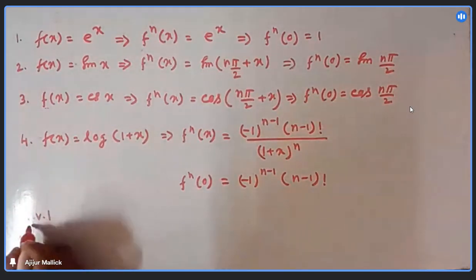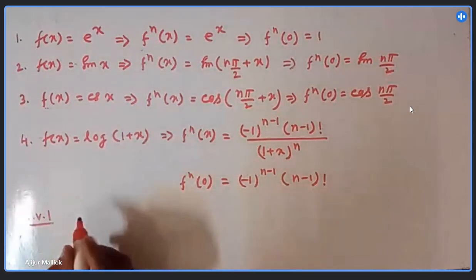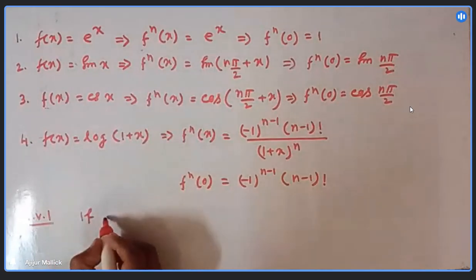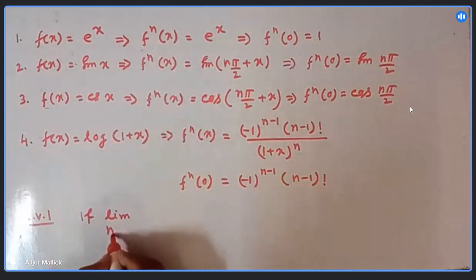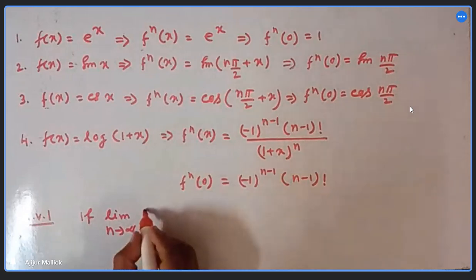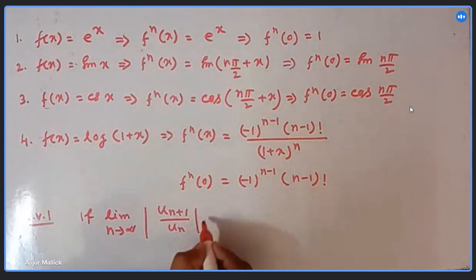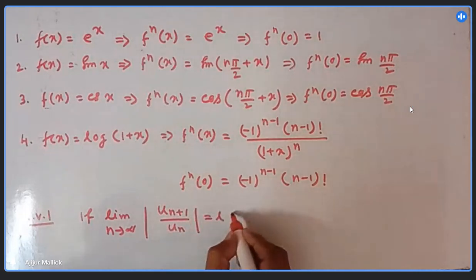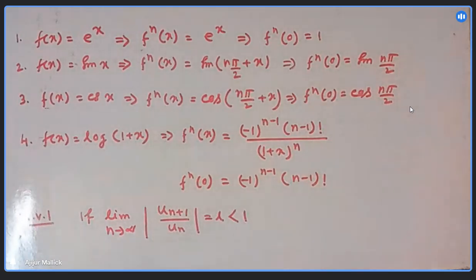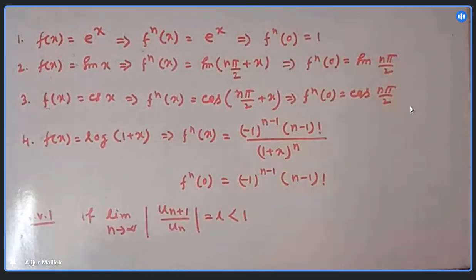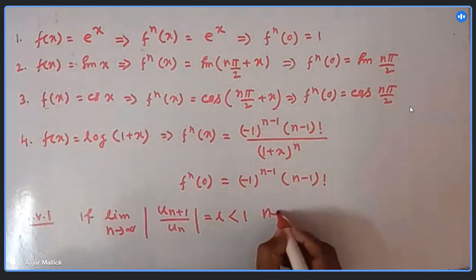Another very, very important result is this. Write: if the limit as n tends to infinity of the modulus of u(n plus 1) divided by u(n) is equal to L, which is less than 1, then what does it mean?